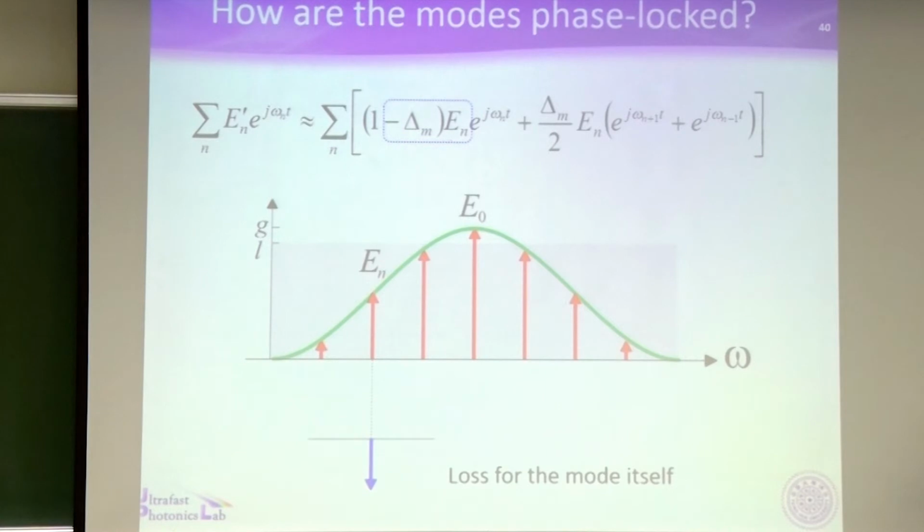So due to the intensity modulator, the mode itself contributes a loss. But the second term means the central mode, due to the modulator, contributes gain, so upward arrows, to the two neighboring modes. So in this picture, it means the energy can be transferred from here to the neighboring modes. If energies are coupled together, their phases are coupled together.